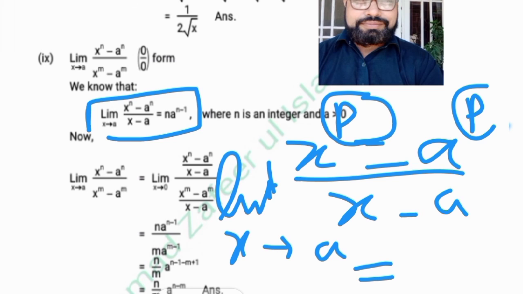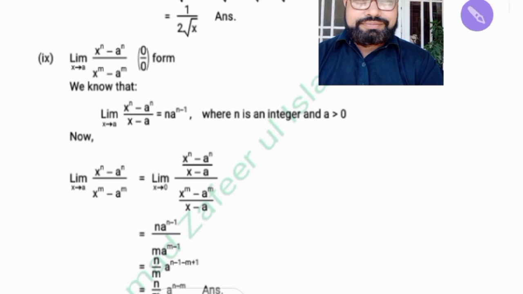The formula will be, as there is power p, so it will be p a power p minus 1. If there is n, it will be n a power n minus 1. If there is m, it will be m a power m minus 1. This is a very important formula now.